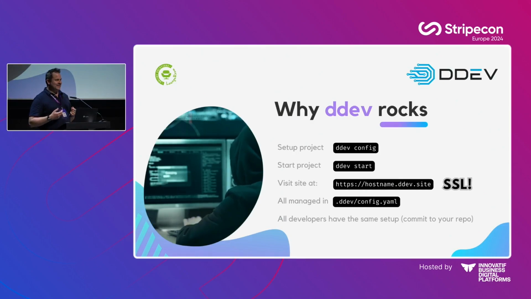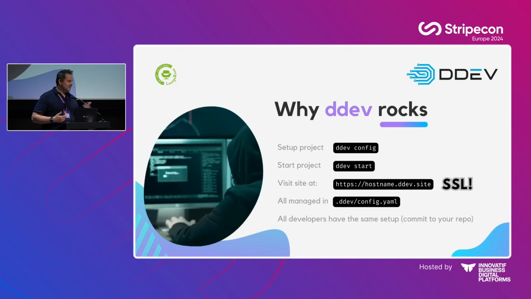So why does DDev rock? You set up your project with one command, ddev config. I will show you in a few minutes. Then you start the project, ddev start, and it's up and running. That's it. And I really hope my laptop helps me out along this demo. Otherwise, DDev doesn't rock for you.